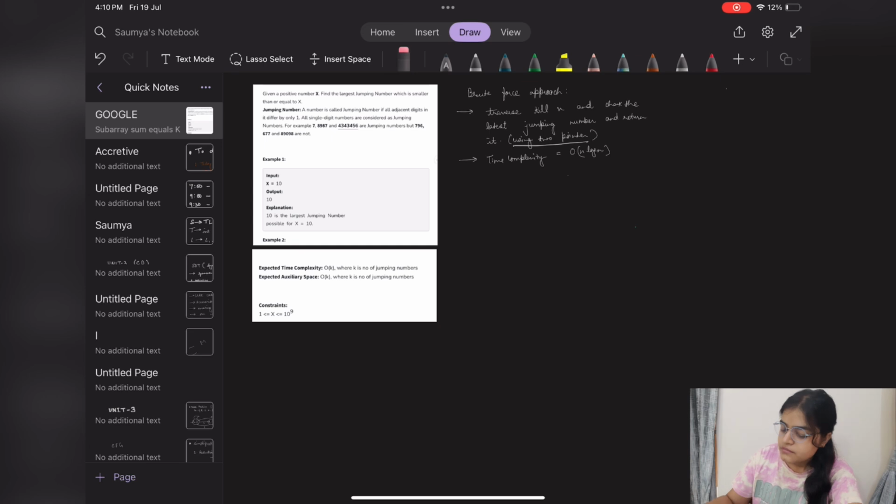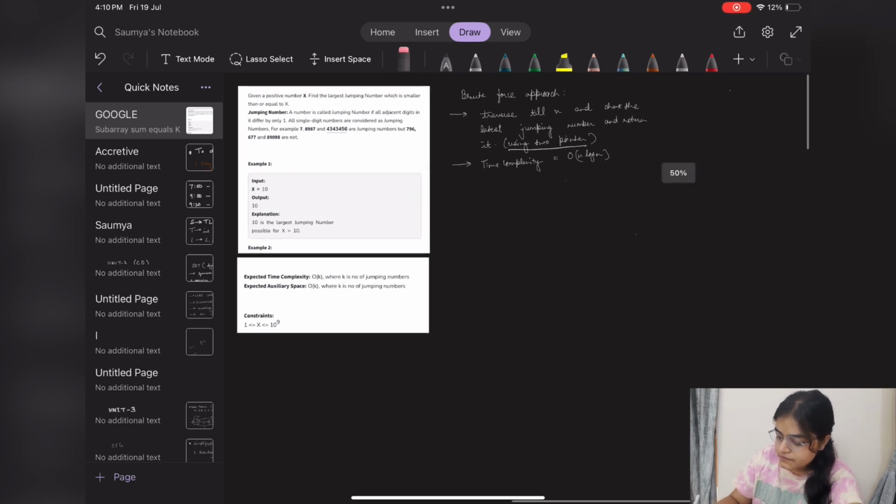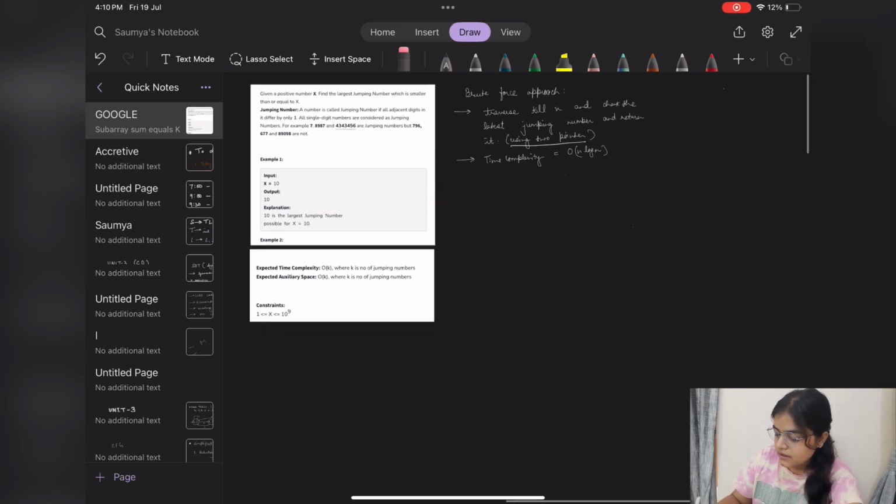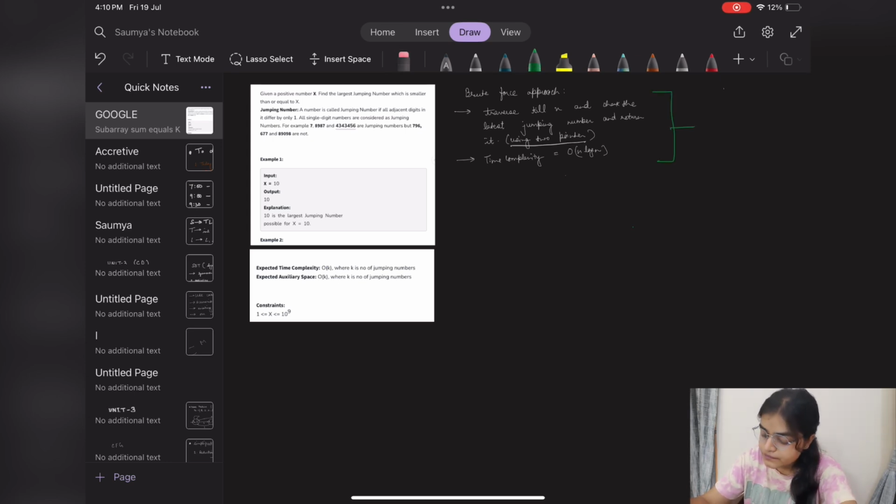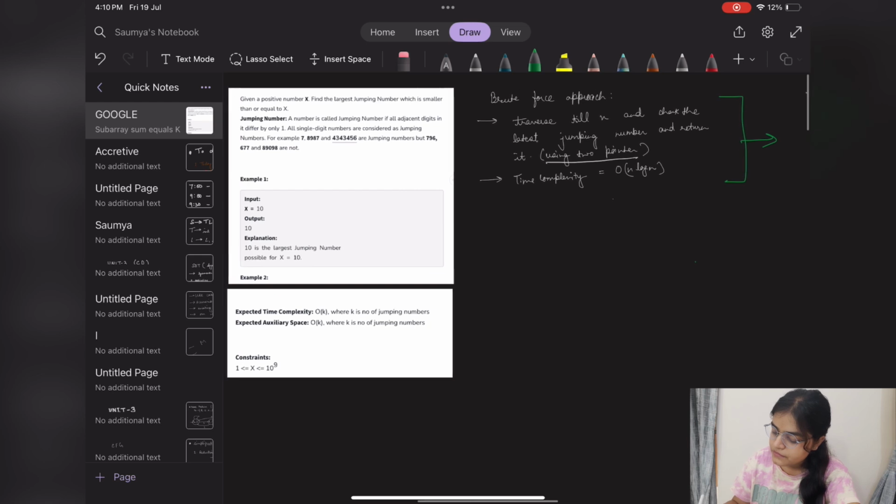Okay, so for the brute force approach, I was already practicing it, so I wrote it for you. The first and the silliest approach that came to our mind was to traverse all the numbers till x, and check if the number is a jumping number or not.